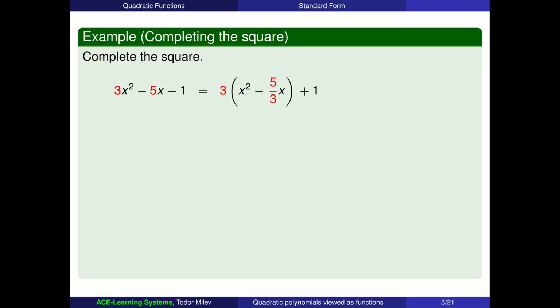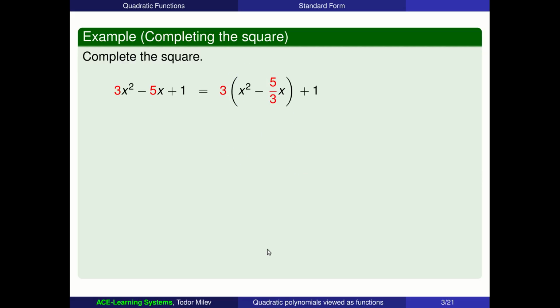Why is that? Well, when I uncover the parentheses, when I distribute the parentheses, I'll be getting 3x squared from the first two. But from these two, I'd be getting 3 times 5/3 x, the 3 is going to cancel, and I'll be left with 5x.